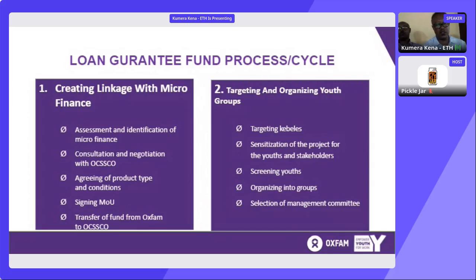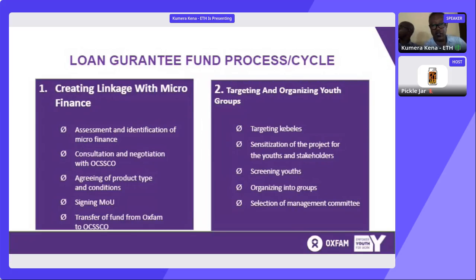The second component in this loan guarantee fund cycle management is targeting and organizing youth groups. In this component, we have around 6 major activities.